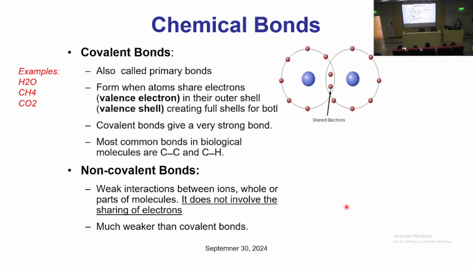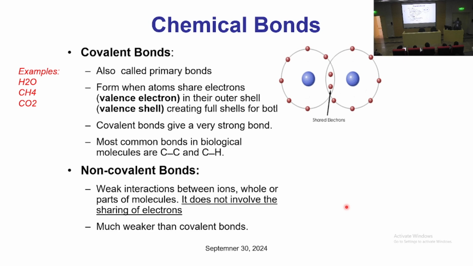In general, in biological systems, we always have two kinds of bond: covalent bond or non-covalent bond. When two different molecules, atoms or particles interact, this interaction can lead to binding between them, and the type of bond is either covalent or non-covalent. This is the basic classification of chemical bonds.